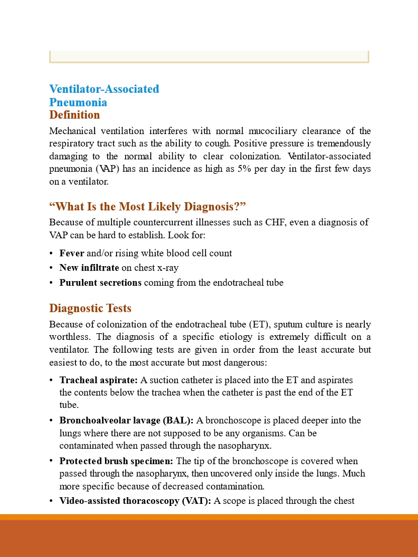The following tests are given in order from least accurate but easy to do, to most accurate but most dangerous. Number one, tracheal aspirate. A suction catheter is placed into the ET tube and aspirates the contents below the trachea when the catheter is past the end of the ET tube.